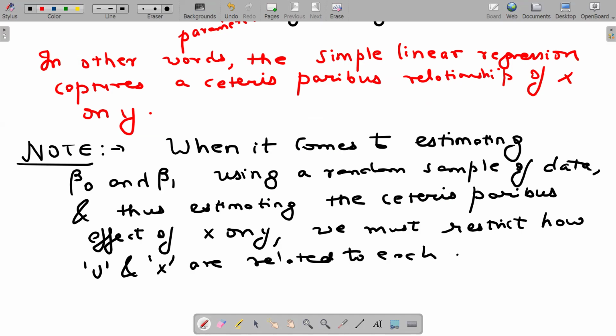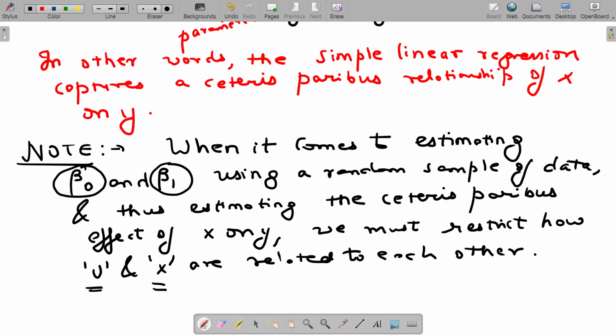So what I'm trying to convey to all students is that when I'm now doing sampling, my objective is to estimate beta naught and beta 1. I have to make sure as to what is the relationship between u and x, because I just said that u includes all factors other than x, which can have an impact on y.